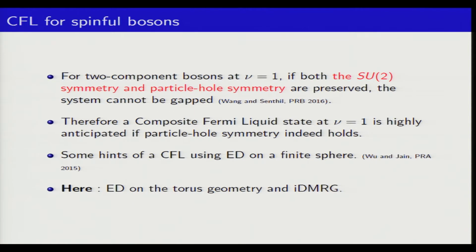So therefore, we should get a composite Fermi liquid at nu equal 1 if you have the particle-hole symmetry, because our system has an SU(2) symmetry.